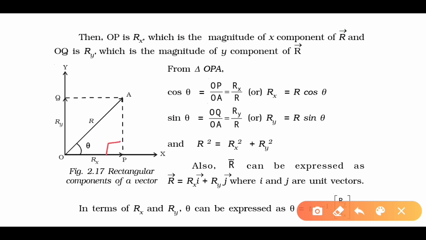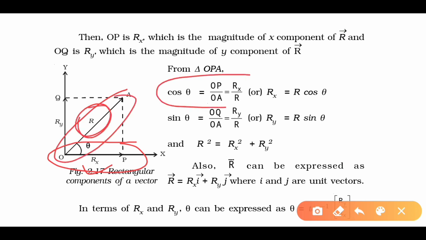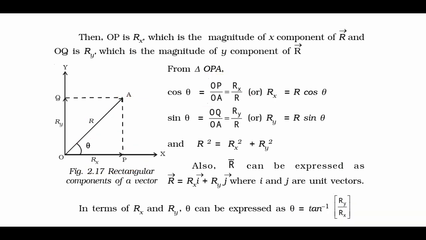So cos theta equals OP upon OA. Here the value of OP is Rx and OA is R. So cos theta equals Rx upon R, or Rx equals R cos theta.